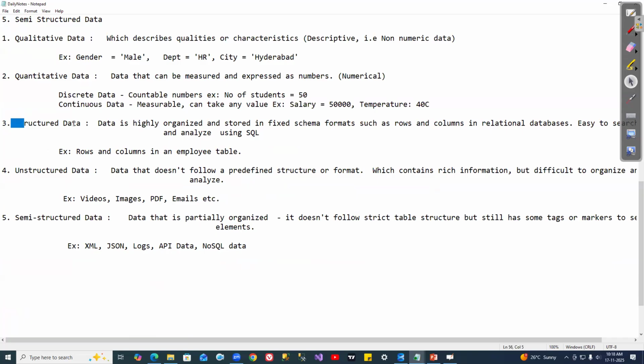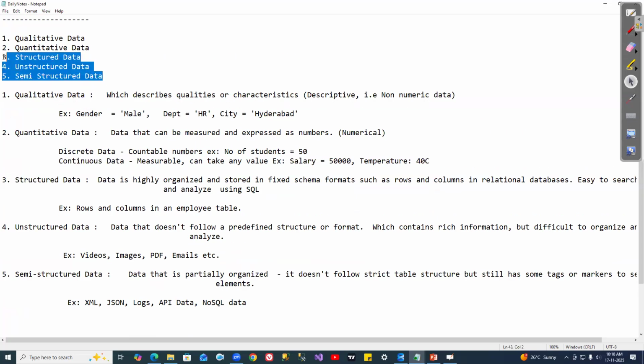And the last 3 are the main important data types. Structured data: data is highly organized and stored in fixed schema formats such as rows and columns in relational databases.